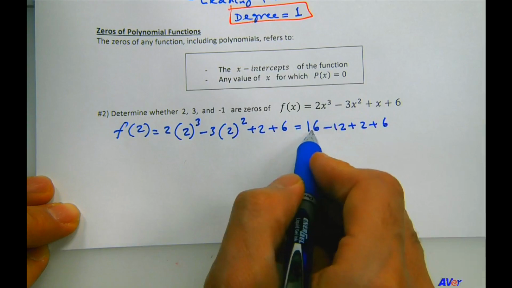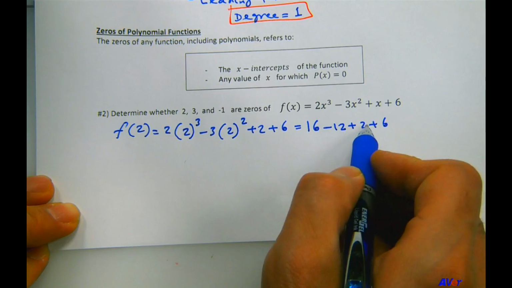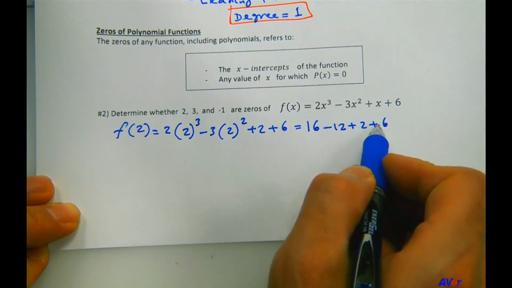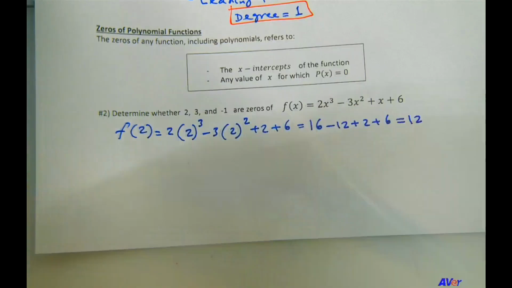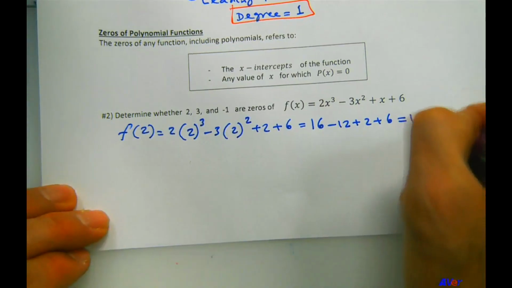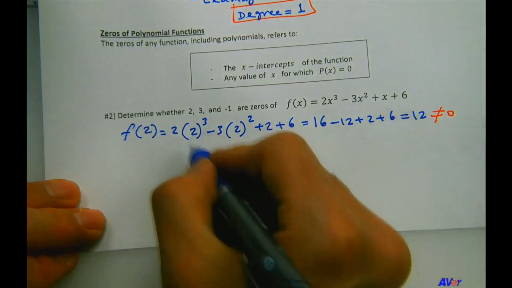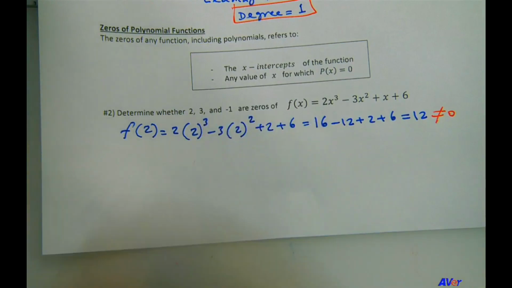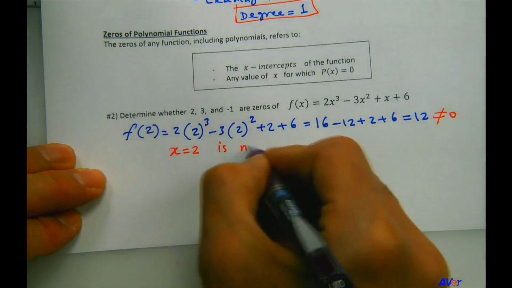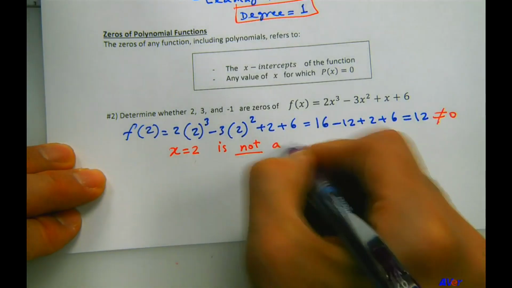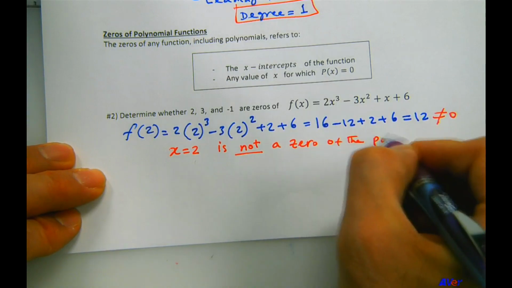So 16 minus 12 is positive 4, plus 2 is 6, plus 6 is 12. Right? So we have 12. This is not equal to 0. So we can conclude that x equals 2 is not a zero of the polynomial. Okay?